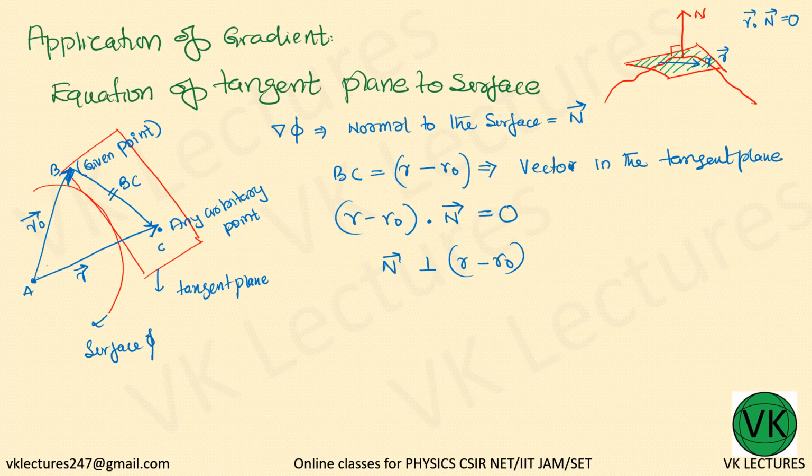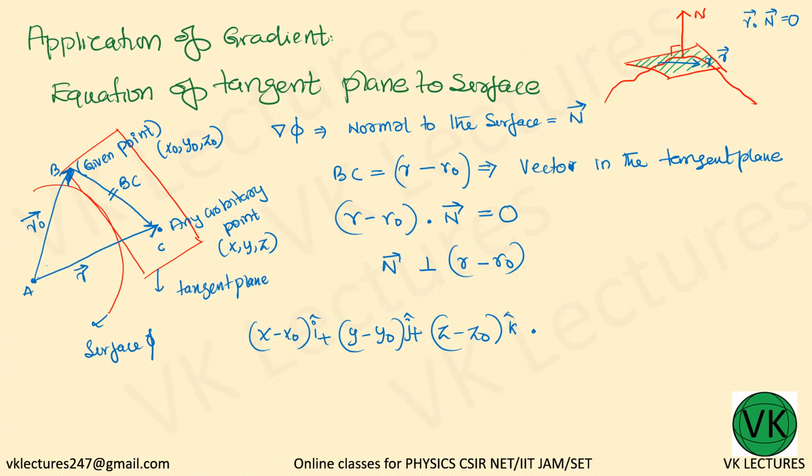So in general, if the given point is x naught, y naught, z naught, and the arbitrary point is x, y, z, then x minus x naught into i cap plus y minus y naught into j cap plus z minus z naught into k cap, dot the normal vector del phi, is equal to 0.